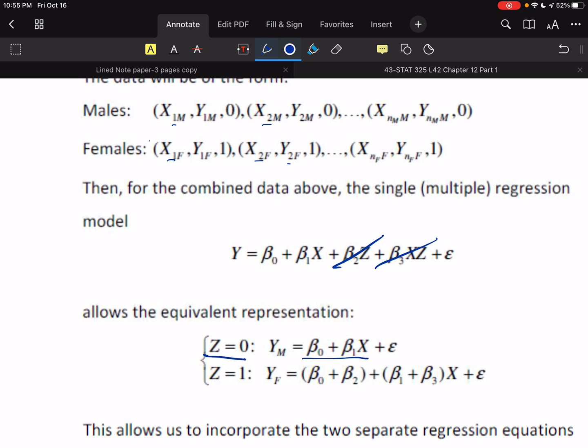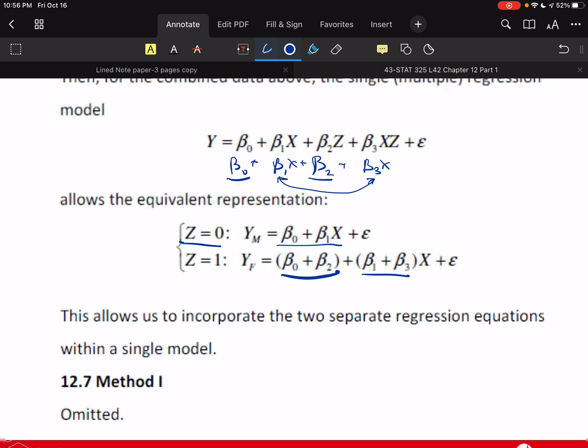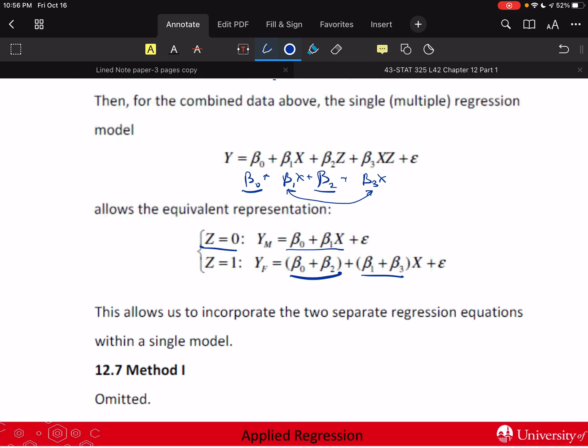And then when z is 1, that's the only two values that z can have because it's an indicator or dummy variable, this becomes beta 2, and this becomes beta 3x. And so we have beta 1x plus beta 2 plus beta 3x and beta naught. So we can combine these into the intercept, and then these can be combined. Beta 1 plus beta 3 becomes the slope of x. And this allows us to incorporate the two separate regression equations into one single model and analyze it. And that is the beauty and power of regression.